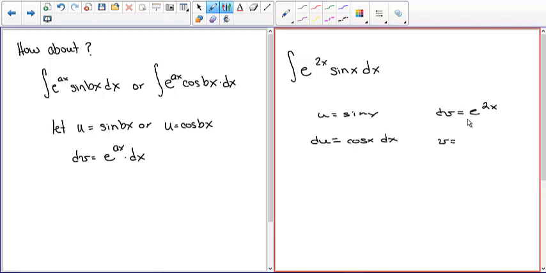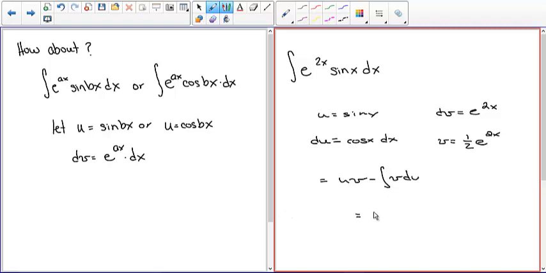V is the integral of this. We just did it. It's 1/2 e to the 2x. So we plug that in. The integral of u dv is equal to u times v minus the integral of v du. So I'm going to put that in there.